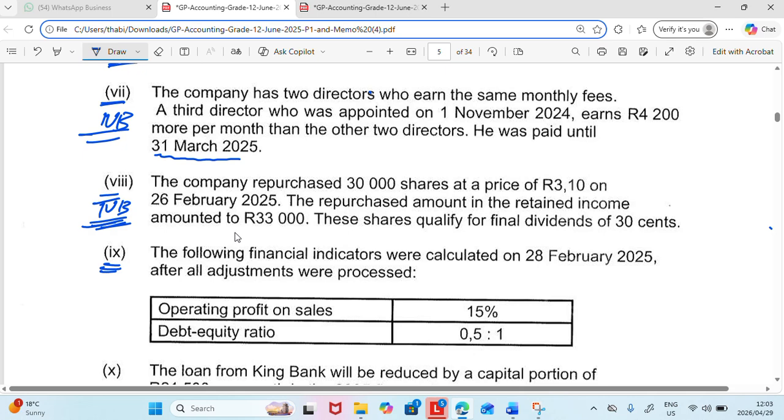So how do we calculate the price that is above the average issue price? You are going to take the 33,000 divided by 30,000, then you're going to get R1.10.